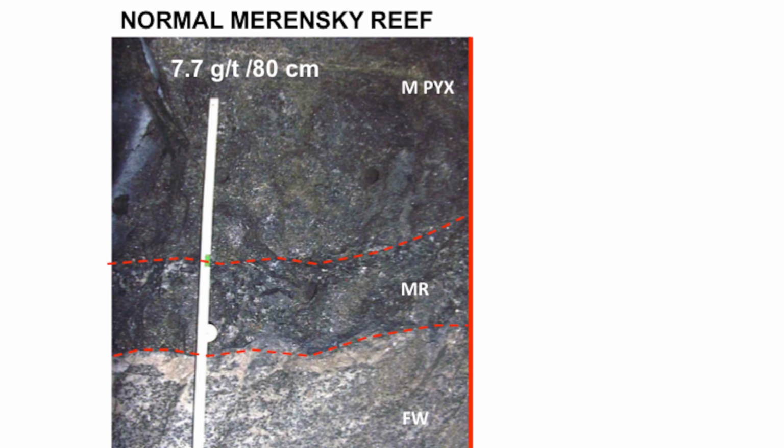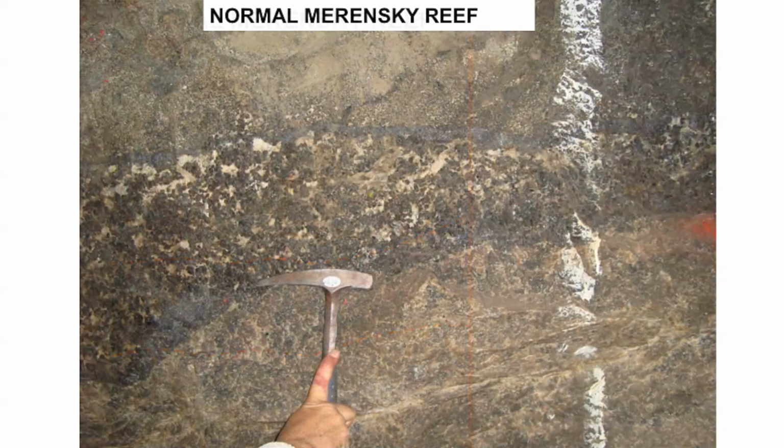So between those two red lines is where the most PGEs occur, and then upwards in the immediate hanging wall and footwall. So the footwall is a norite, and the hanging wall is a pyroxenite, and it's running about 8 grams per ton, and mainly PGE enriched.